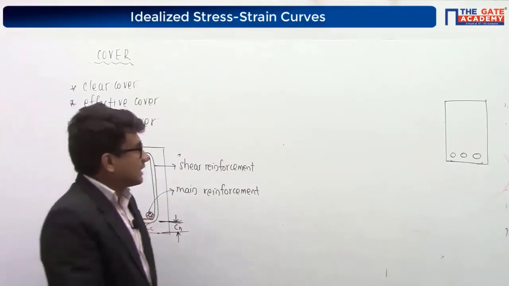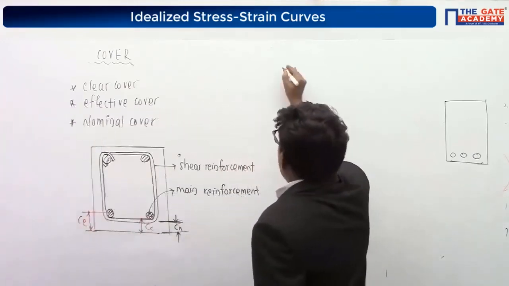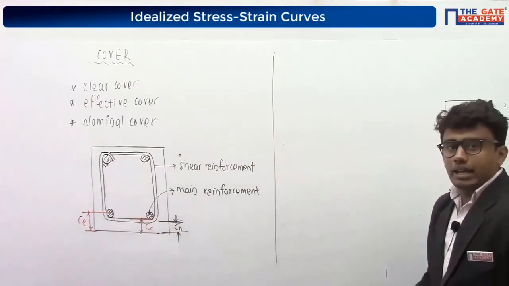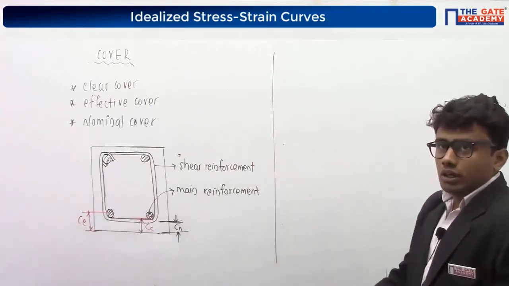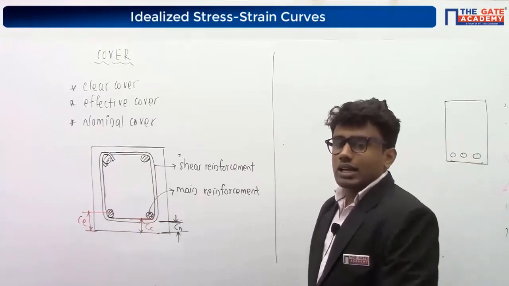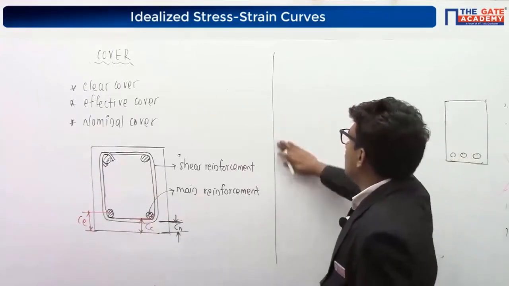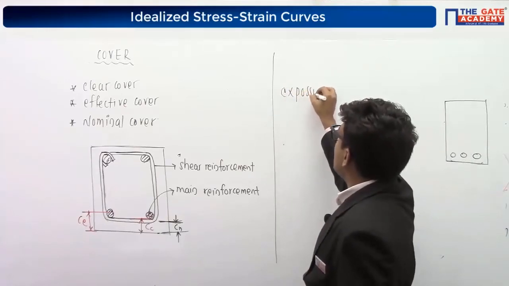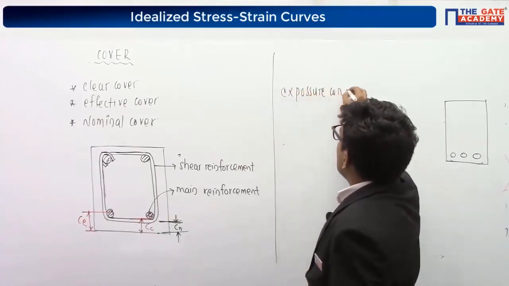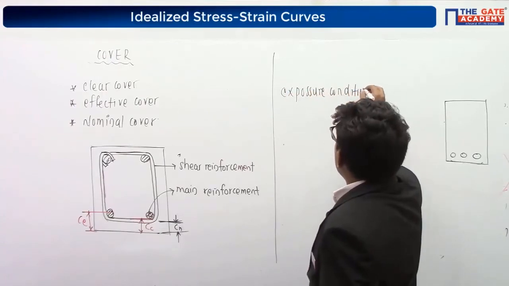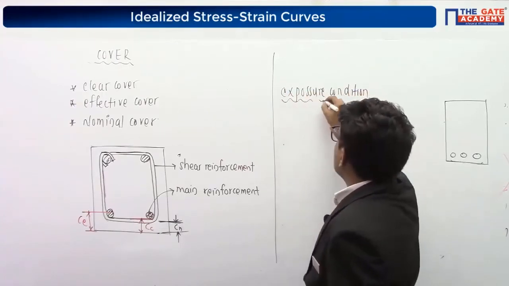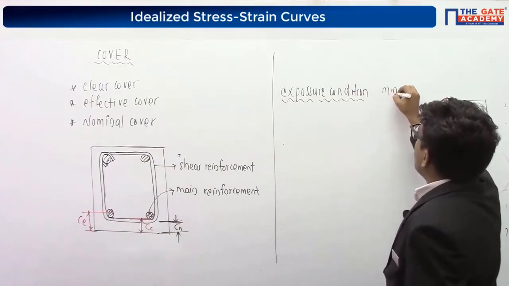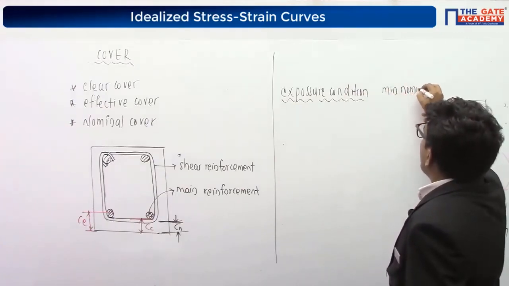Our IS code suggests providing a minimum cover value for different reinforced concrete structures, and it depends upon the exposure conditions. We discussed the exposure conditions in the previous lecture. Based on various exposure conditions, it gives us the minimum nominal cover to be provided.